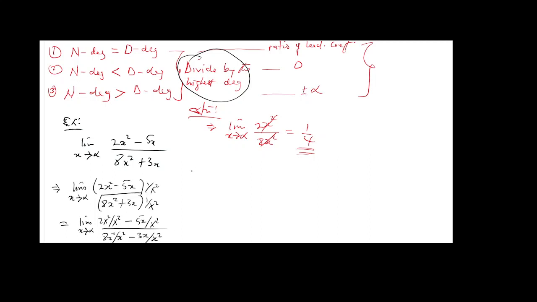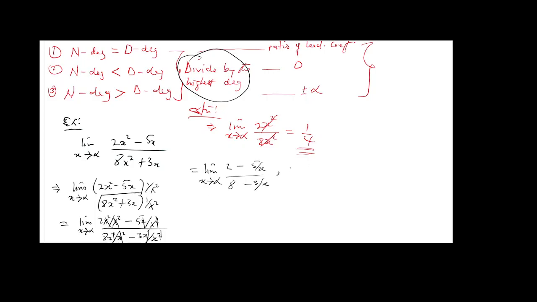And this will give us the limit as x approaches infinity of, this cancels out, we have 2 left, minus 5 all over x left, all over 8 left, minus 3 all over x.